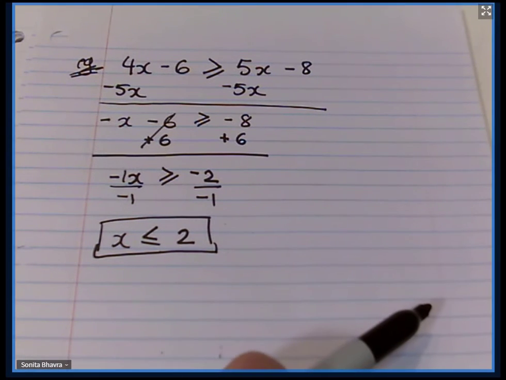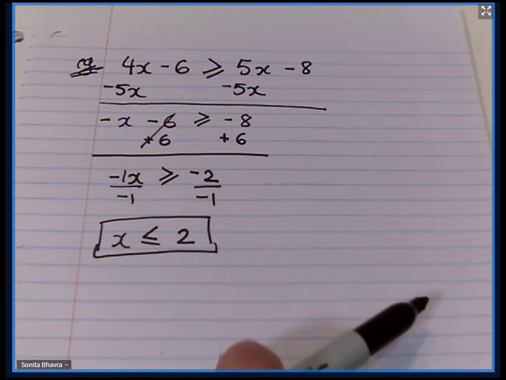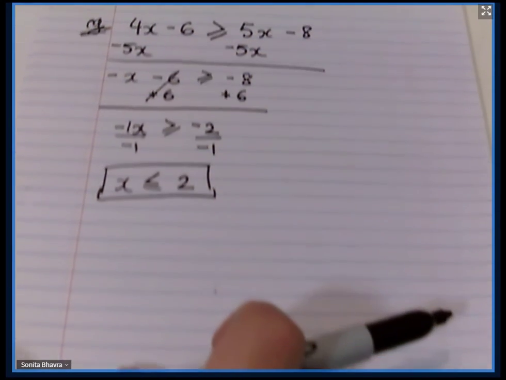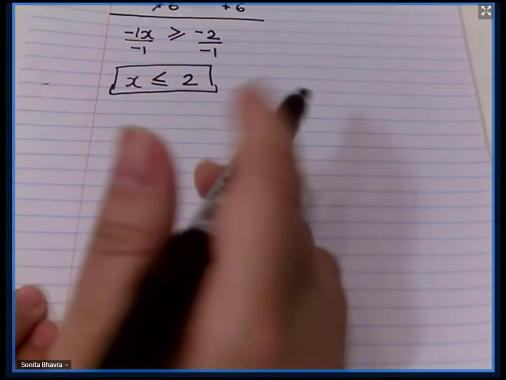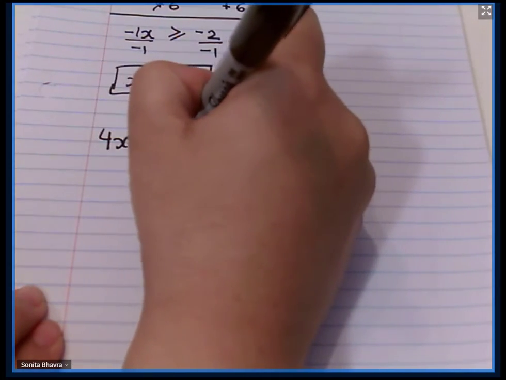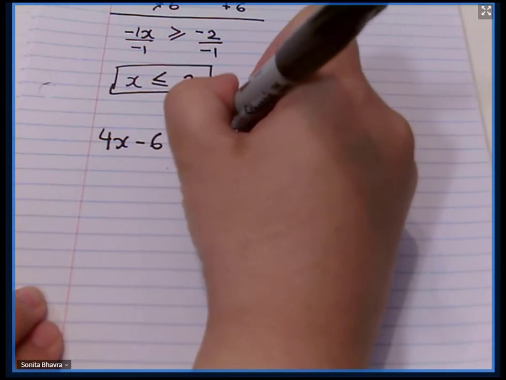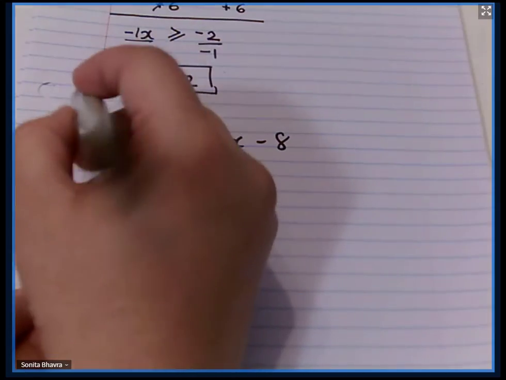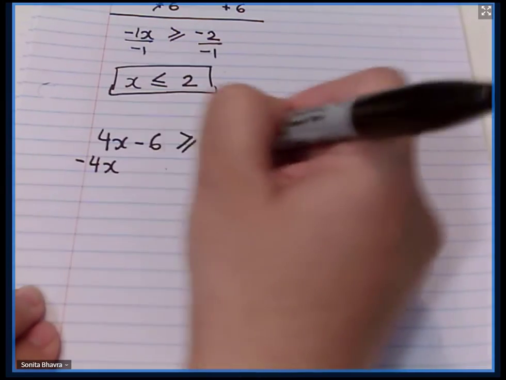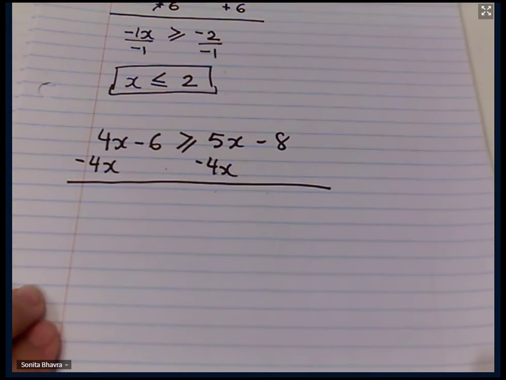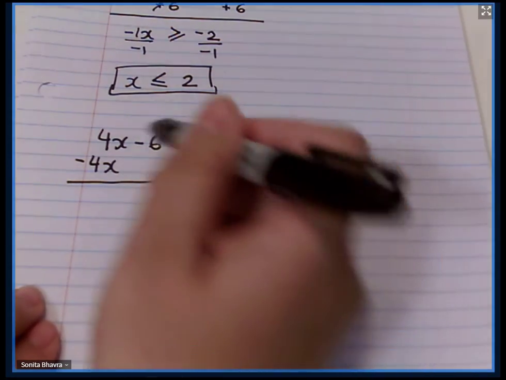All right. You may have done it the other way, so I'm just going to quickly show that way as well. So same question. It's 4x minus 6 is greater than and equal to 5x minus 8. So in this situation, you might have subtracted, all right, so moved the 4x to the right.